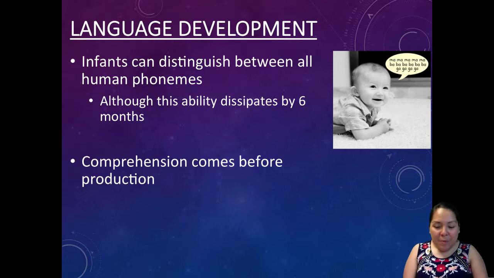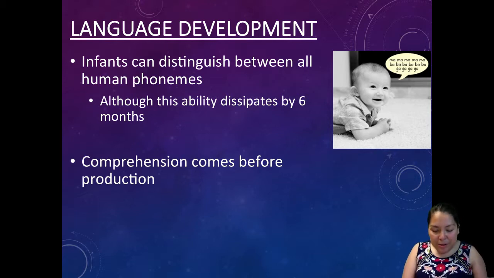One example where they may have difficulty distinguishing between two phonemes includes the letters L and R, as in lead and red. They both have distinct sounds in English, but in the Japanese language, L and R have the same phoneme. So they may have difficulty contrasting and differentiating between the two phonemes.